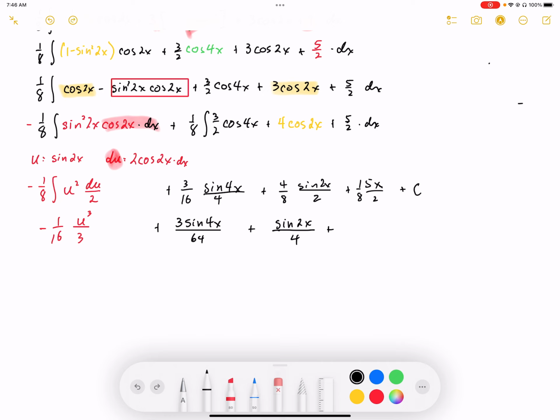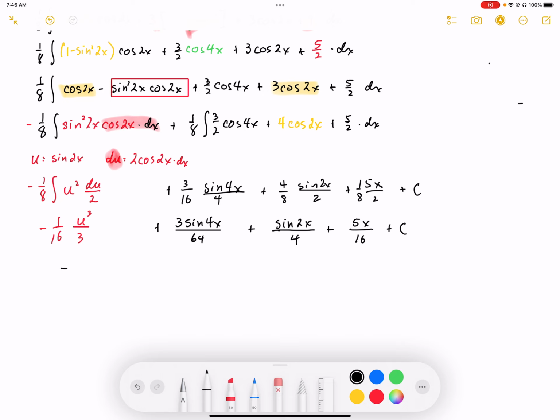This 1 over 8, I forgot to expand it onto the constant 5 over 2. So this becomes 5x over 16 plus c. Okay, and then the last part here, we're going to back substitute.